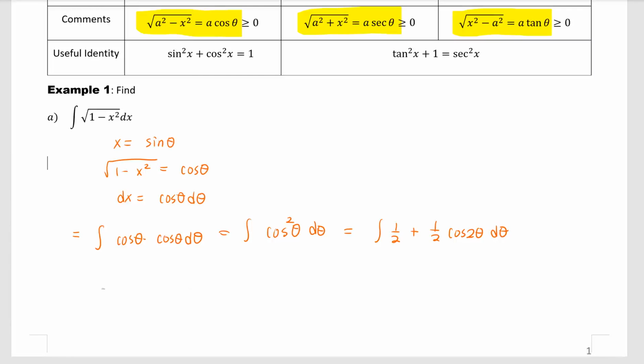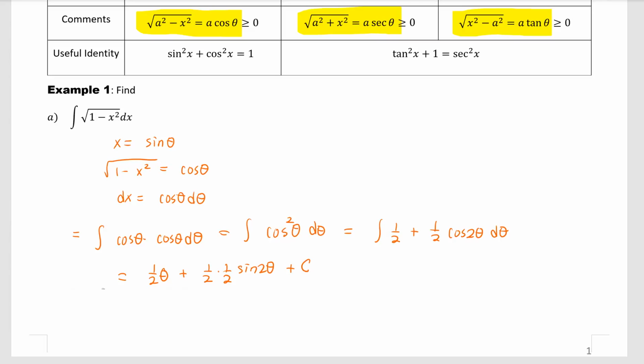And I hope that you memorize those formulas, okay? And sine squared is 1/2 minus 1/2 cosine 2 theta. Okay. Alright, so the integral of half is half theta. Integral of cosine, wow, that is sine 2 theta, but we actually divide by 2.